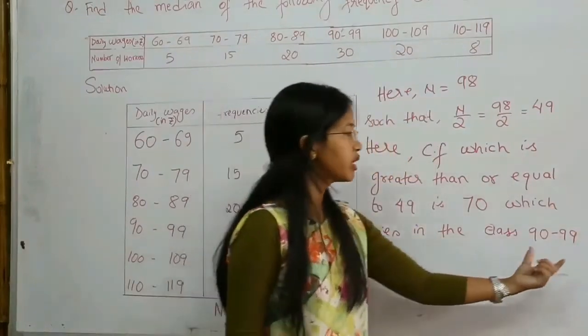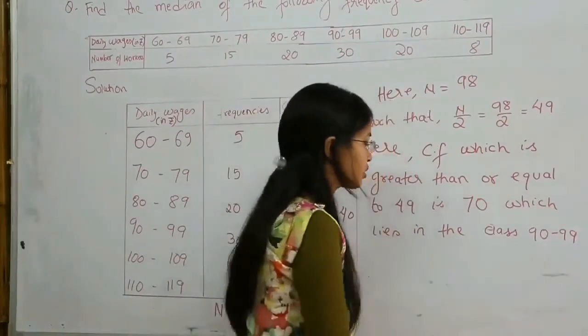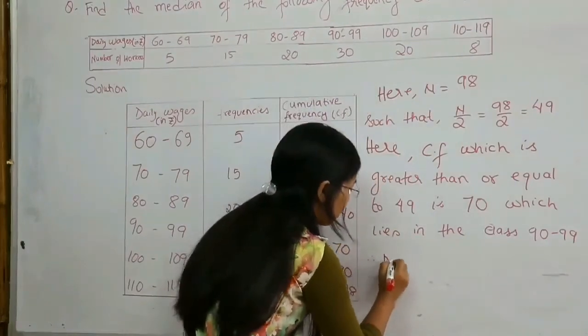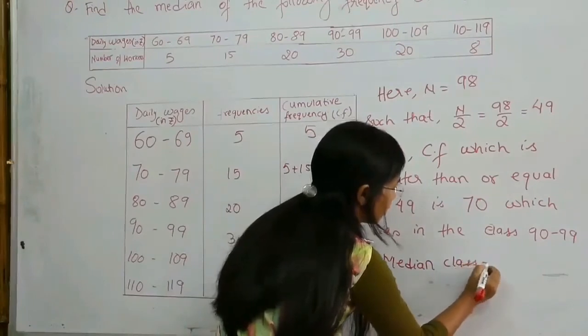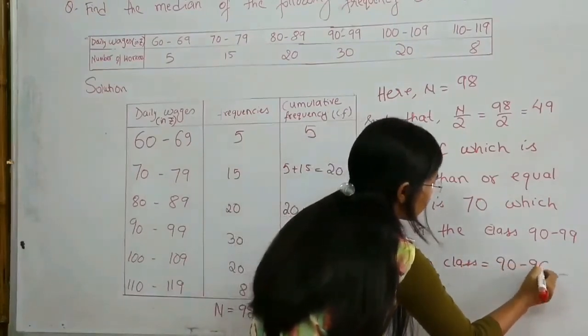So it means our median class will be this 90 to 99. Therefore, median class equal to 90 to 99.